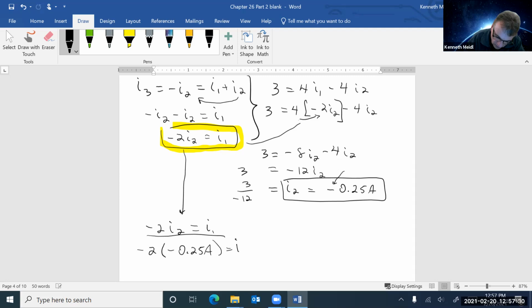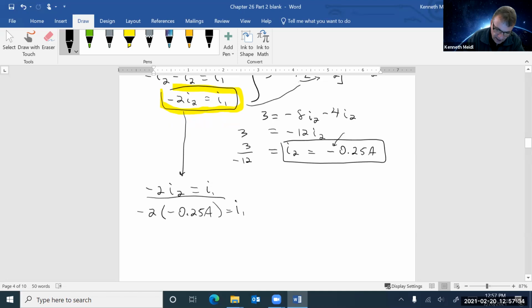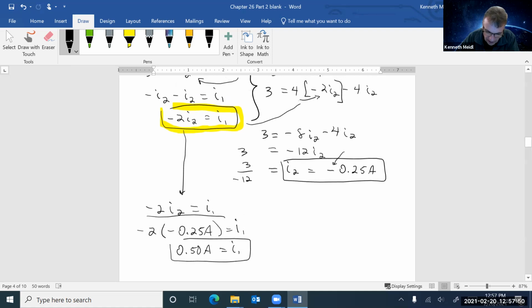This is I1. And just do the algebra here. Negative times a negative is a positive, but 2 times 1/4 is 2/4. And so like a half an amp equals I1. Okay. And then you can use another equation to end up getting I3.